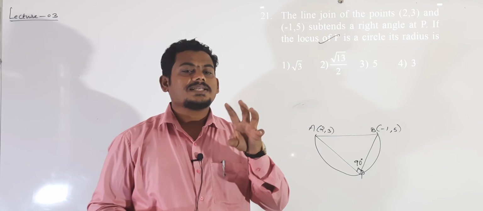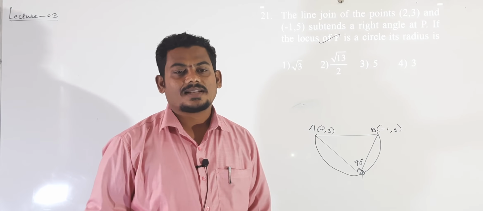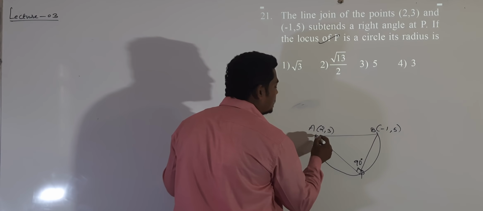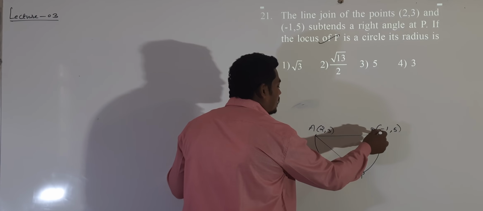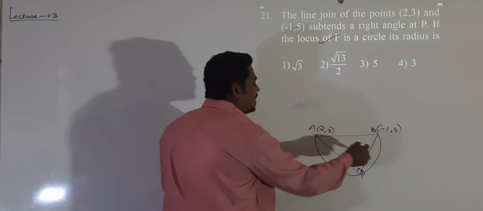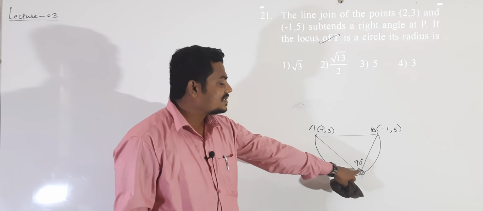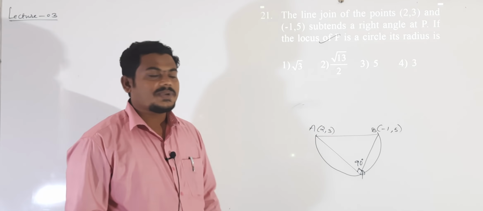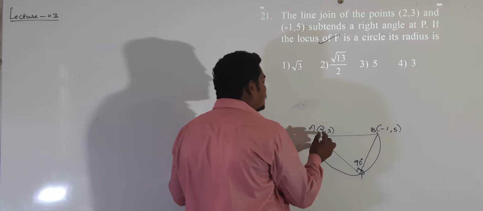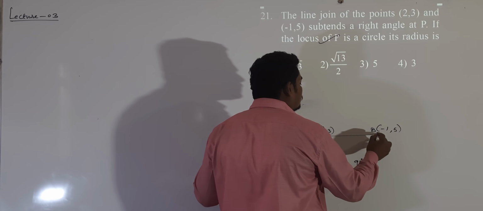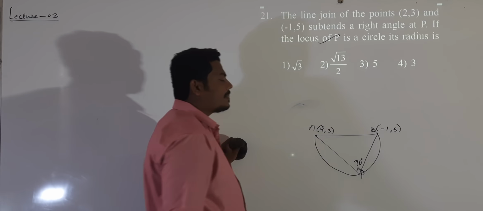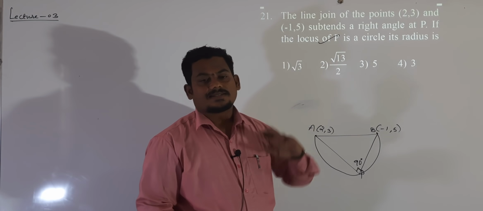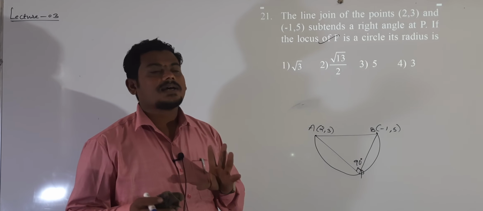This is 90 degrees, so if you join these 2 points, then clearly it is a right angle triangle. Because of this point, angle P is 90 degrees. If angle P is 90 degrees, then AB is the diameter, but we need its radius.